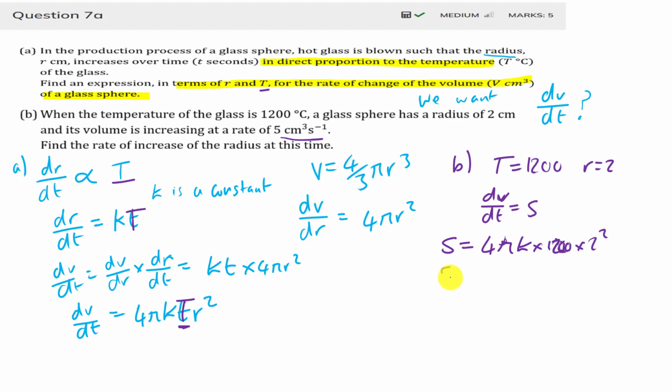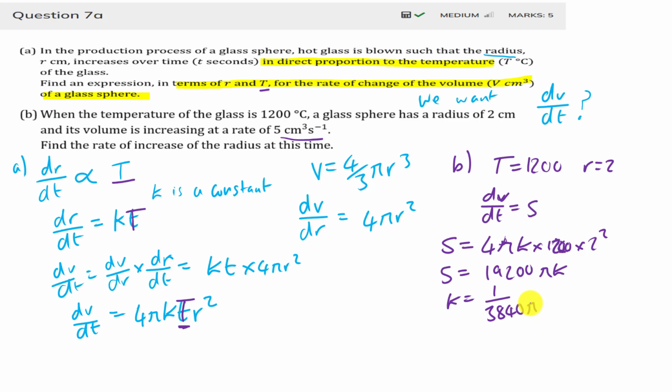So we're going to get 5 equals 19200 pi k, and then we're going to find out our constant of proportion by rearranging that to get k equals 1/3840 pi.